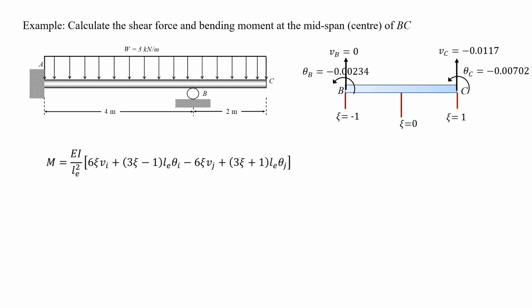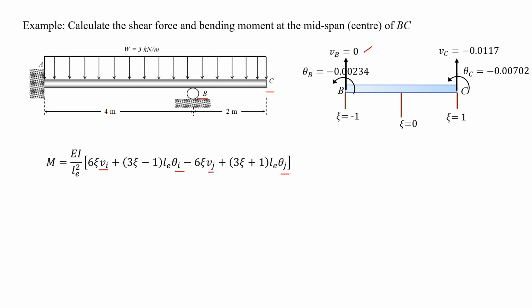Back to the question: calculate the shear force and bending moment at the midspan of BC. BC is element 2, so our I and J will be point B and point C. Node I will be node B, node J will be node C. So later you have to replace this Vi and theta i with VB and theta B, while for Vj and theta j, we replace with VC and theta C. All those degree of freedom values are known from the previous solutions.